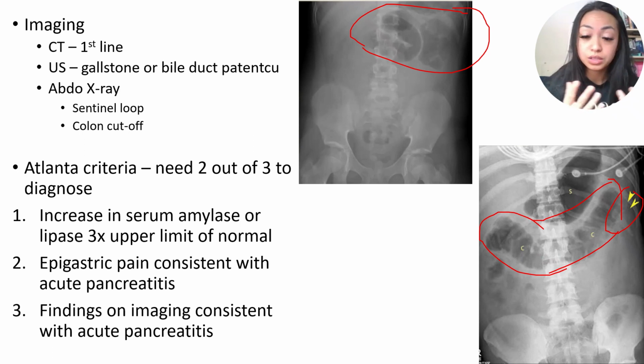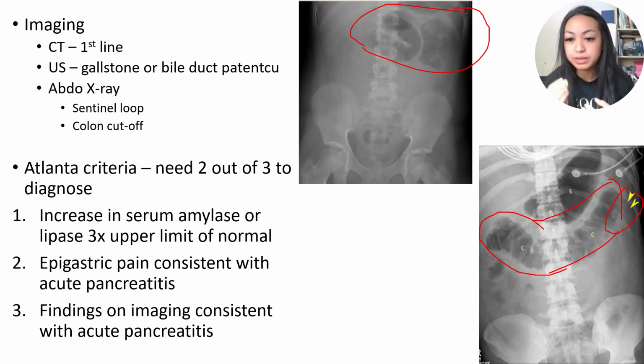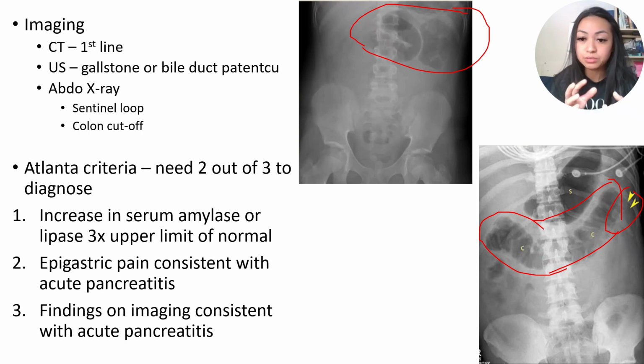In imaging, you're going to do a CT. You can also do an ultrasound, to check for bile duct patency and gallstones. On abdominal X-ray, you're going to see these 2 things: the sentinel loop, that loop of bowel around the inflamed pancreas with gas trapped inside, so that portion of bowel is not moving, there's ileus, paralysis.